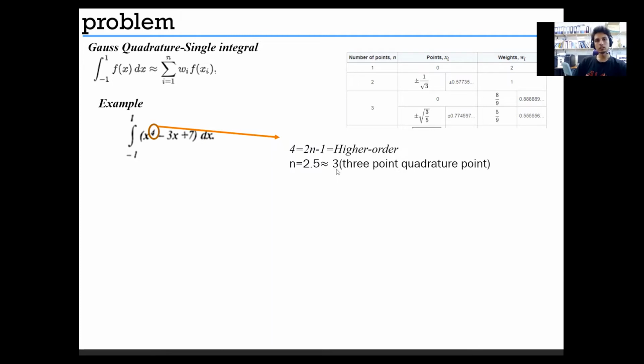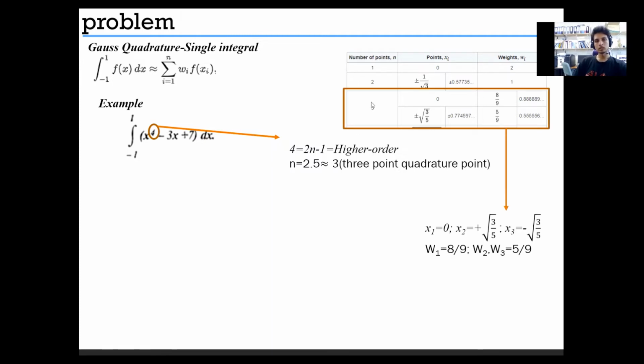So where is the 3 in the table? Here, the 3. So we will define x1, x2, and x3.